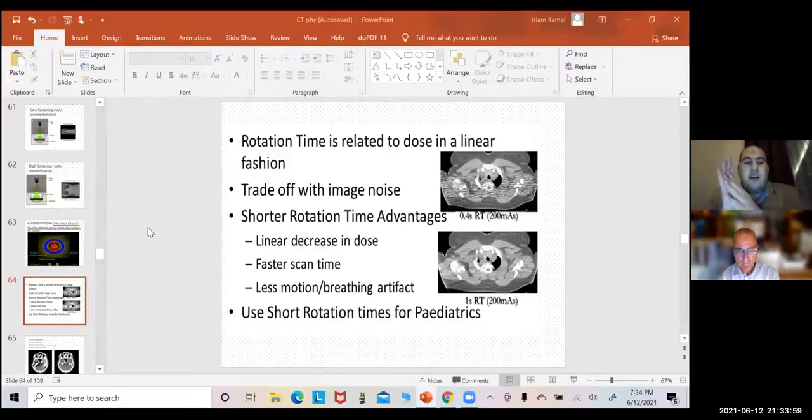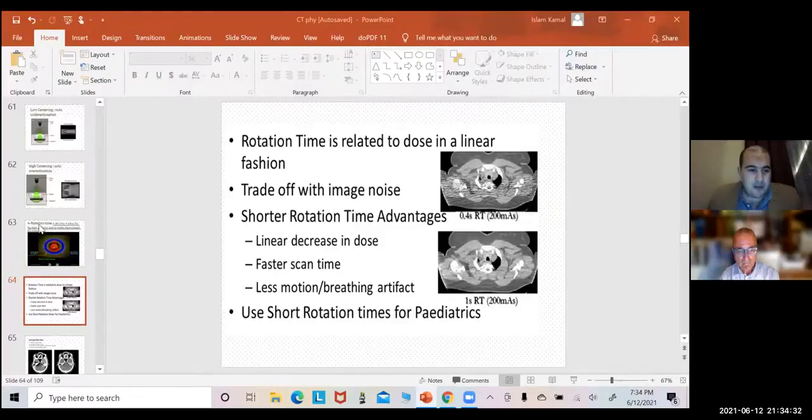So you have in your machine what's called beam collimation or detector configuration. When you select 16, for example, 16 times 0.625 millimeter, that means you are using the detector width, which is 0.625 millimeters. But the beam width itself is the total coverage area.